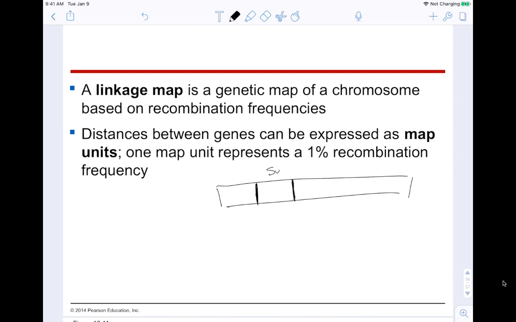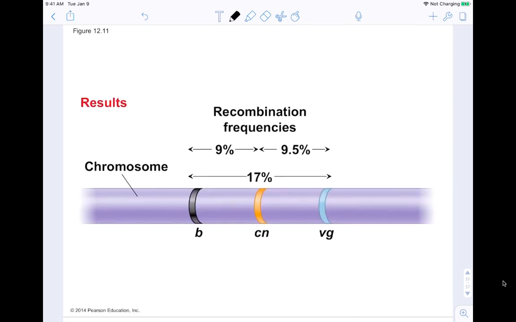Whereas let's say I have two genes 30 units apart, which means these two genes show a 30% recombination frequency. That means they're further apart. So the smaller the percentage, the closer together; the higher the percentage, the bigger the distance between them. So here's an example of that.